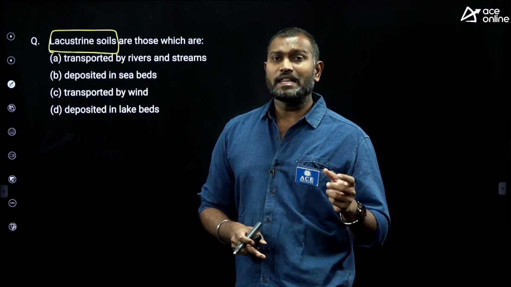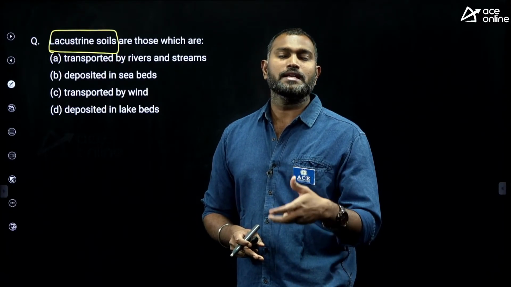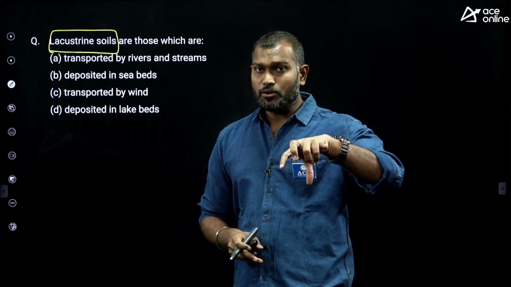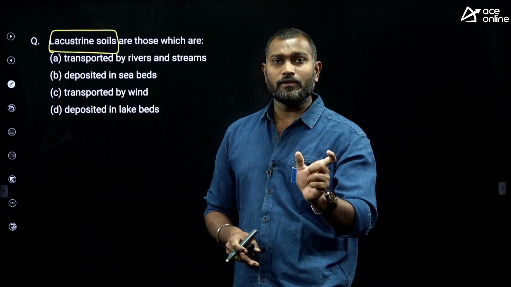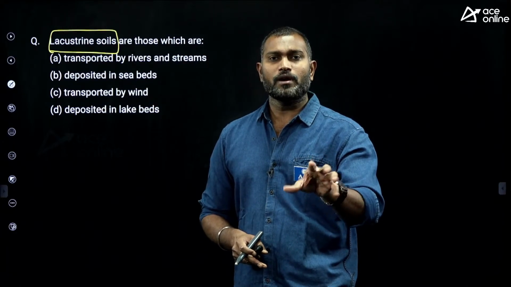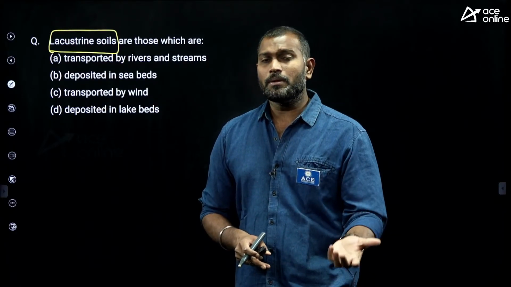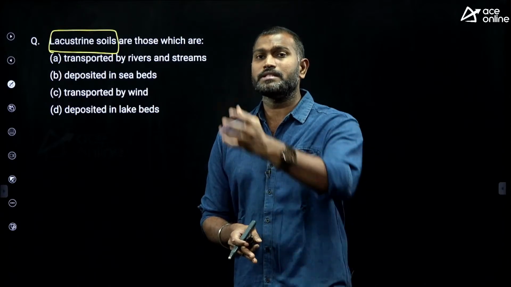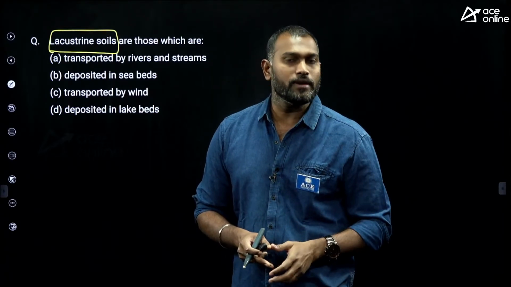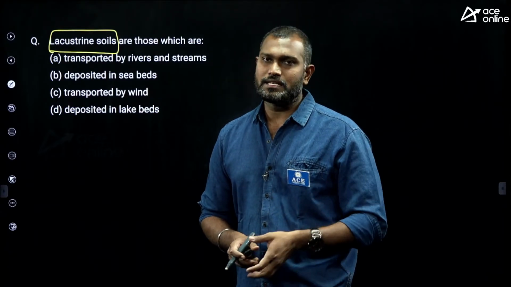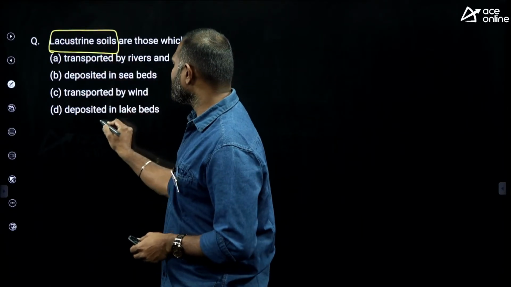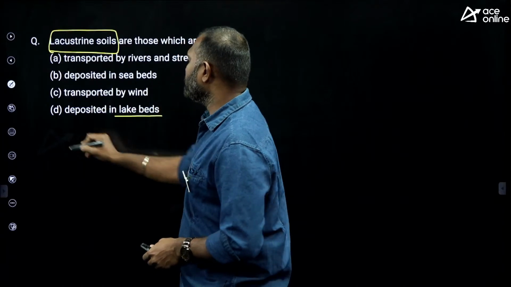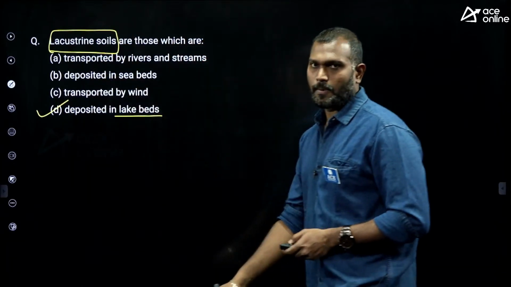If deposited at the bed of the oceans, we call it marine soil. So still water lake, lacustrine; running water river, alluvial soil; ocean water, marine soils. Similarly, if the soil is transported by means of gravity, we call it colluvial soils, and then glacier deposits. For the given question, as they're asking lacustrine, it is transported and deposited in lake beds. So option D is the correct answer.